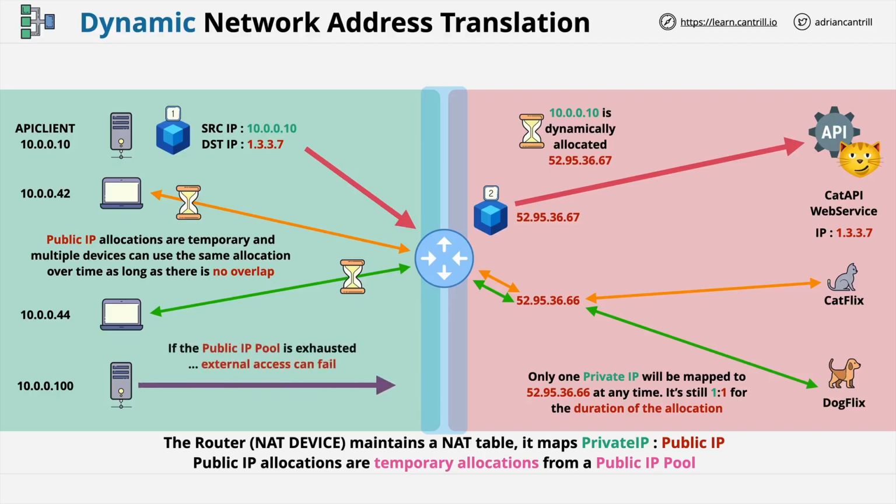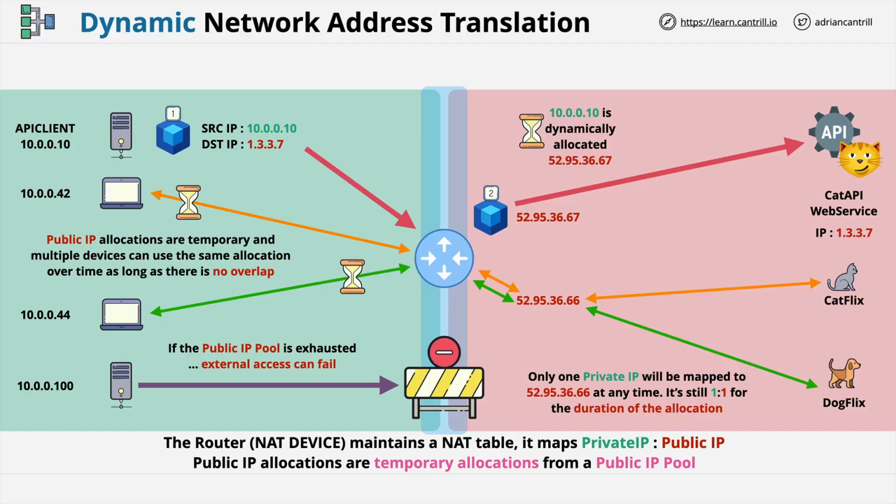If the bottom server attempts to access the public internet when there are no IPs available in the pool to allocate, then this access will fail. Now, this type of NAT is used when you have fewer public IPs than private ones, but when all of those private devices at some time need public access, which is bidirectional.